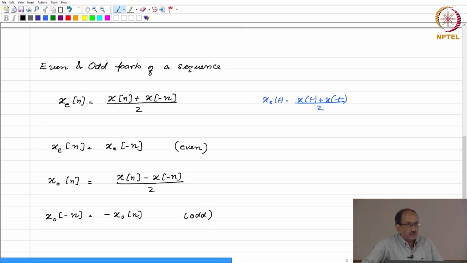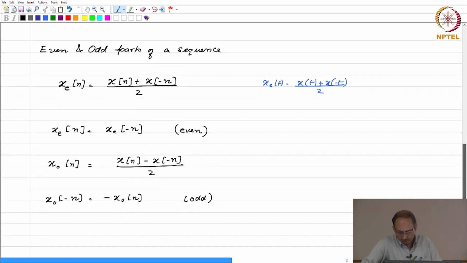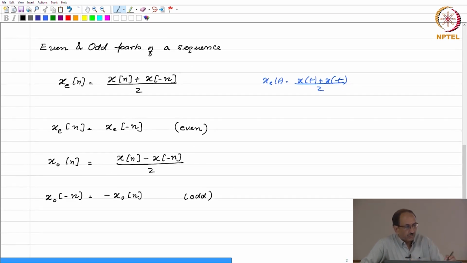So, any given sequence x can be decomposed into its odd and even parts, and the definition of an even signal is x of n equals x of minus n, and the definition for an odd sequence is x of minus n is minus x of n, and these are no different from their continuous time counterparts.